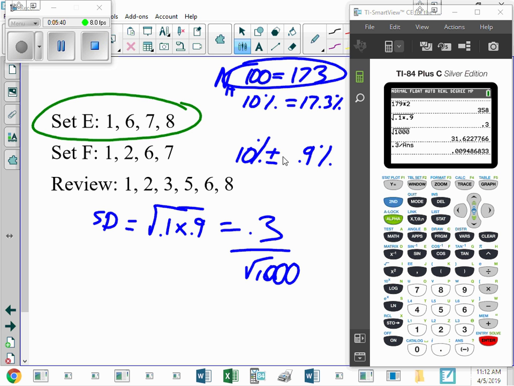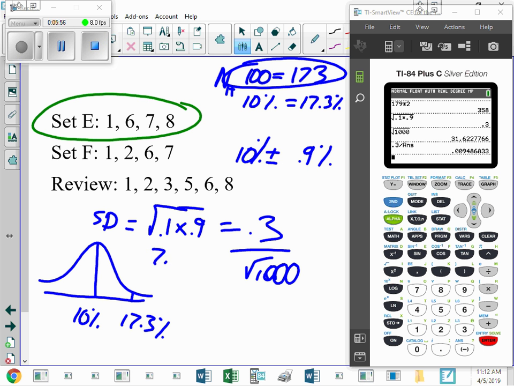Okay. So I draw my normal curve. I expect 10%. I actually got 17.3%. So I subtract those and I get 7.3, and I need to divide that by 0.9486. So 7.3 divided by the answer.